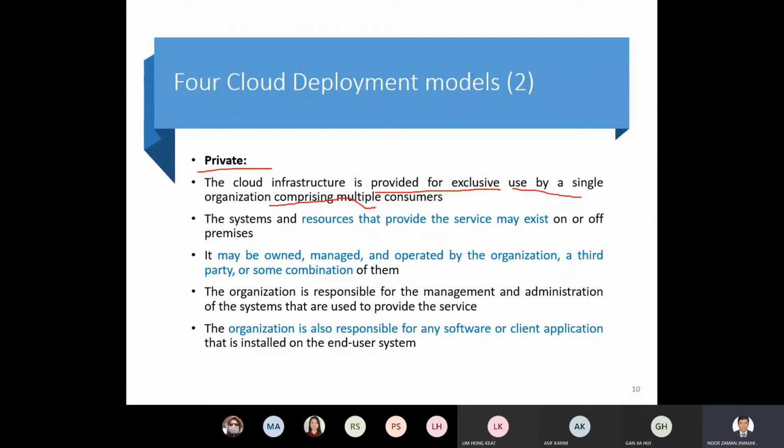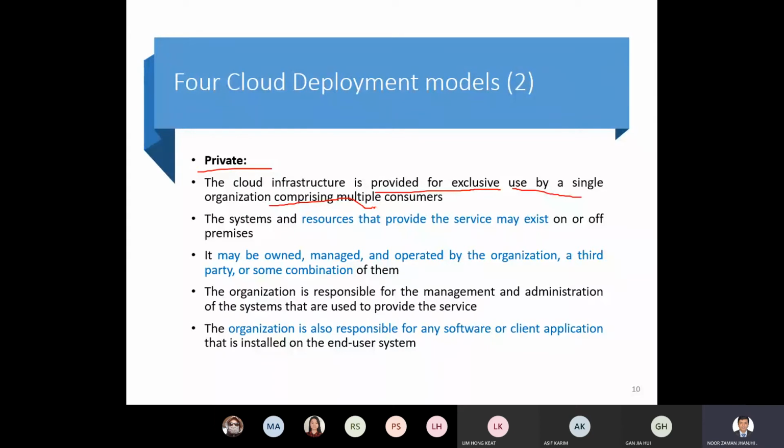And it may be owned, managed, and operated by the organization, or maybe by a third party, as we discussed in one of the examples about the Taylors. If we install it at our own premises, then we are the ones responsible for management, administration, and everything. But if we don't want to install it, and it is off premises, we are just getting those services from them, so we are free from these things.